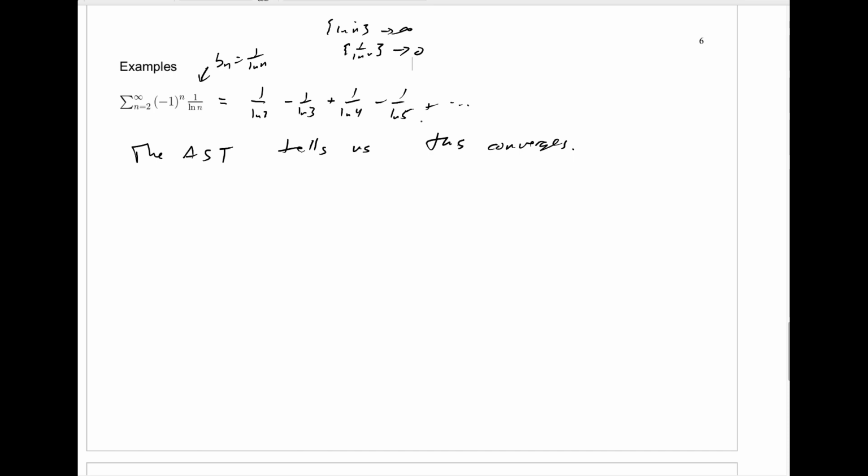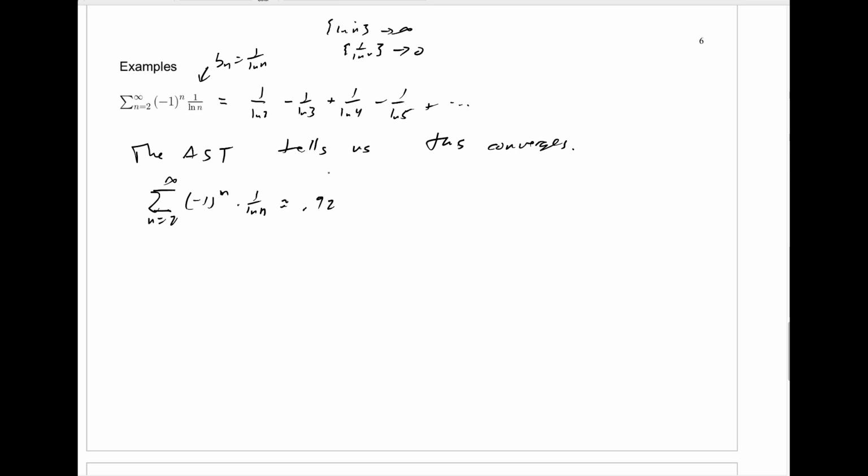There's no nice formula for the exact value of this series, but just using my computer, I computed the sum from n equals 2 to infinity of minus 1 to the n times 1 over log n is approximately 0.92.